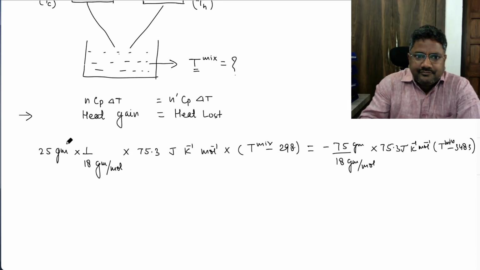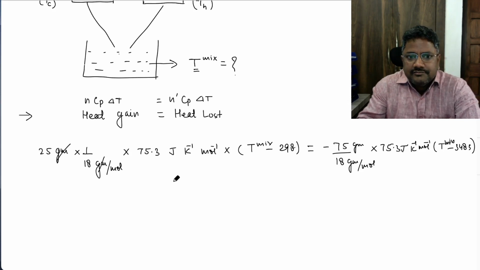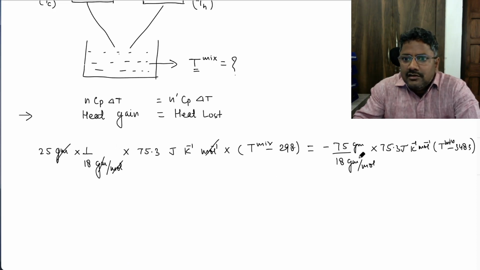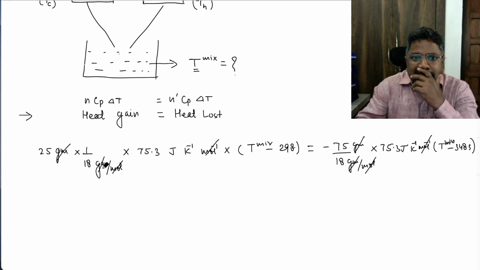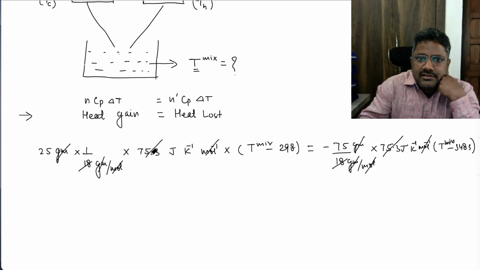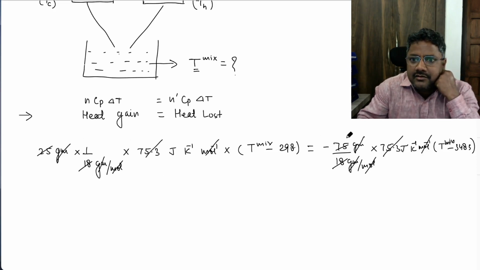So see, grams cancel, moles cancel, per mole cancel, 18 cancels, and 25 and 75 reduce to 1 and 3.